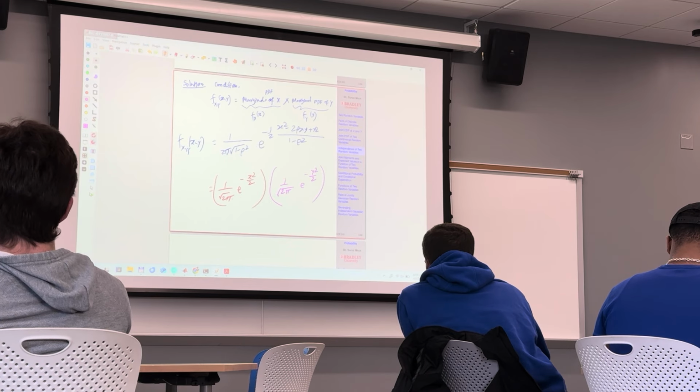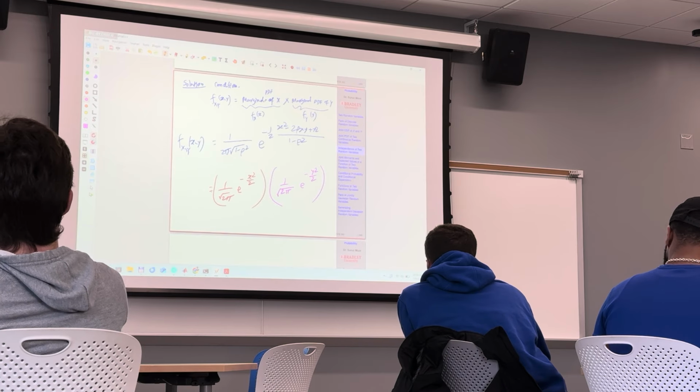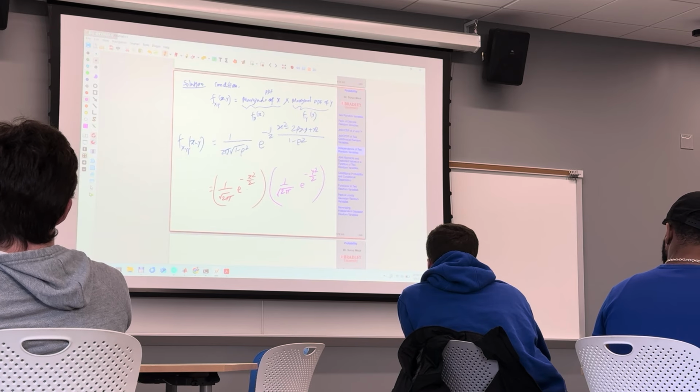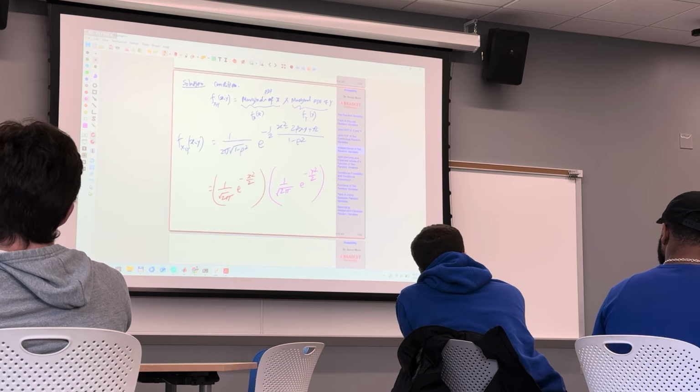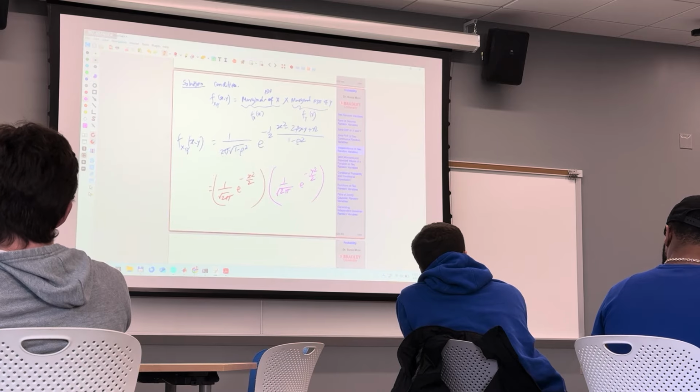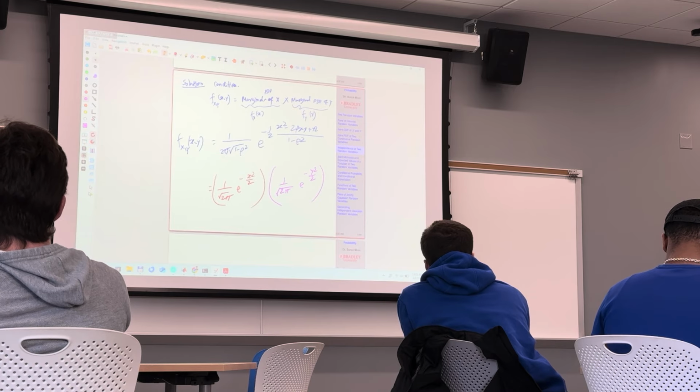Now, guys, please pay attention, if you multiply these two quantities, what do you see? 1 over square root of 2 pi, 1 over square root of 2 pi. You get 1 over 2 pi, right? No problem with that.